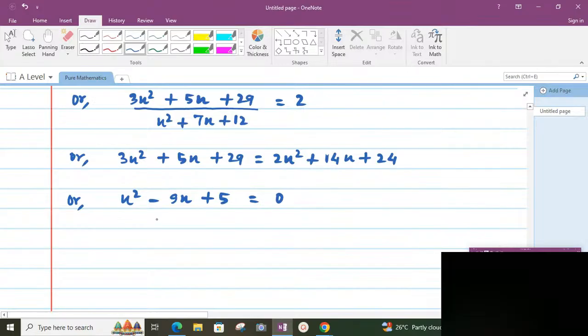Now we find out multiplication will be 5, and subtraction addition will be 9x. So similarly we can solve rest part of this question.